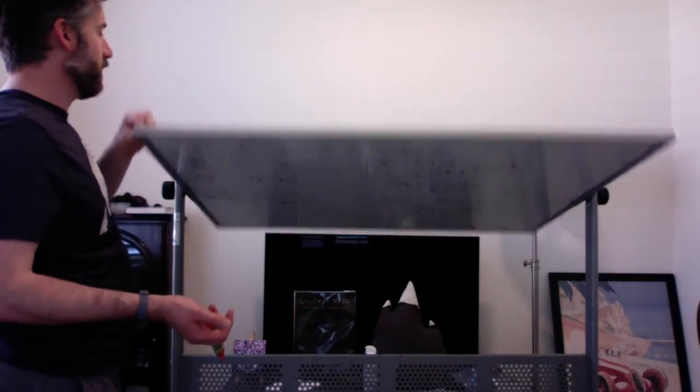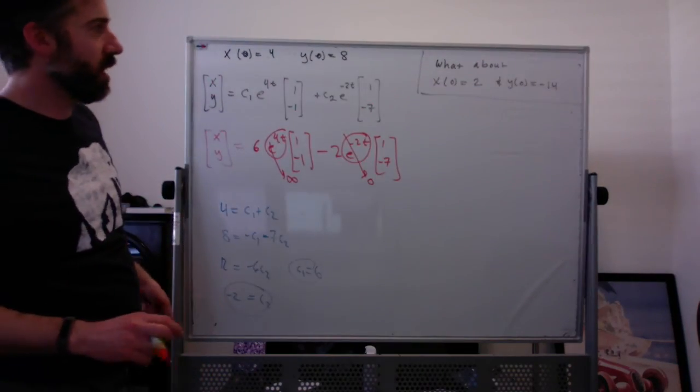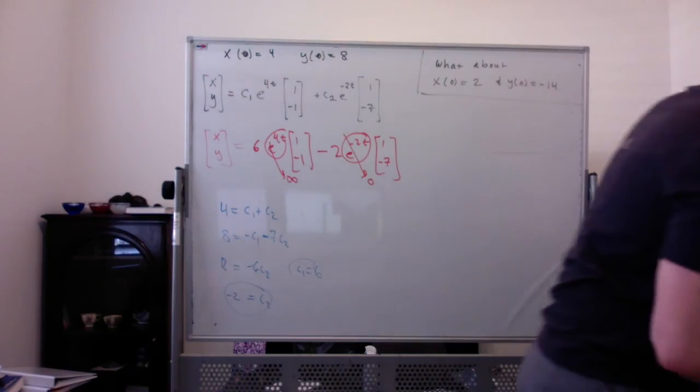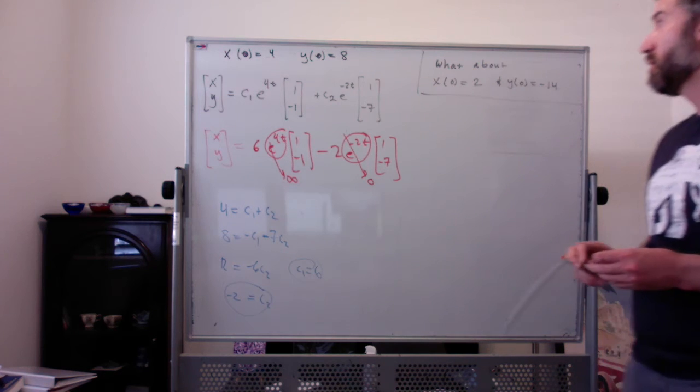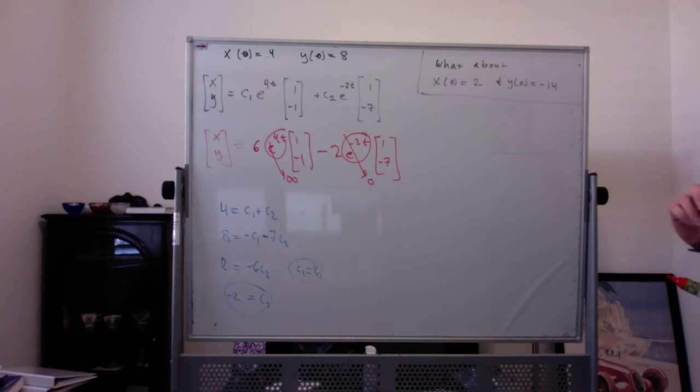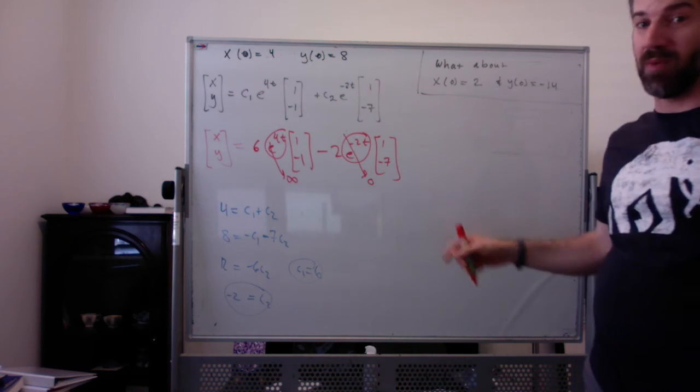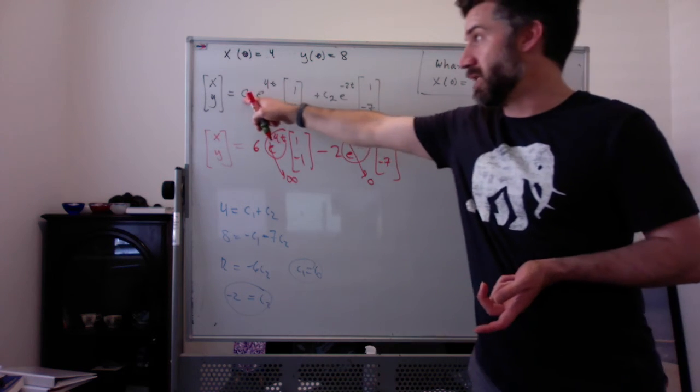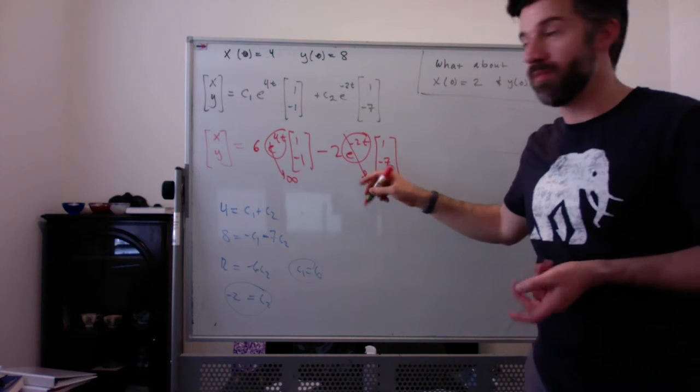The one other thing I will say is if you have this initial condition, things are slightly different. It's kind of interesting. Notably, this initial condition is actually a multiple of this eigenvector. What we're going to end up getting is c1 is 0 and c2 is not 0. Check it out.